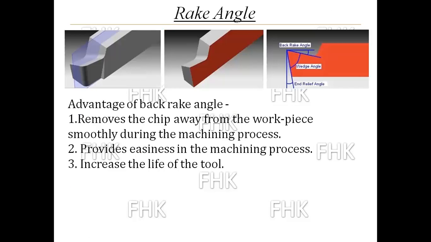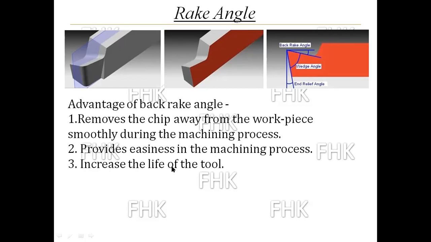The advantage of this back rake angle is it removes the chip away from the workpiece smoothly during the machining process. Due to the back rake angle, the chip moves away from the workpiece easily. Second, it provides easiness in the cutting process, and it increases the life of the tool.